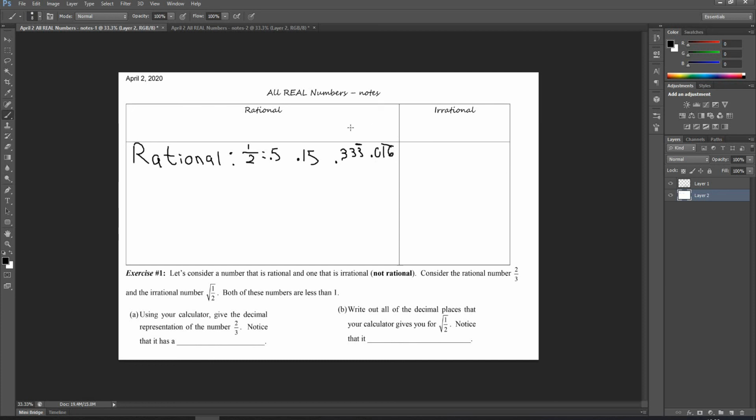So this would be equal to 0.016161616. So the only numbers that repeat are the 16. I have to keep making sure that the 16 repeats. So only the numbers underneath that bar repeat. So over here, this would be 0.333333333, just going on and on and on forever.